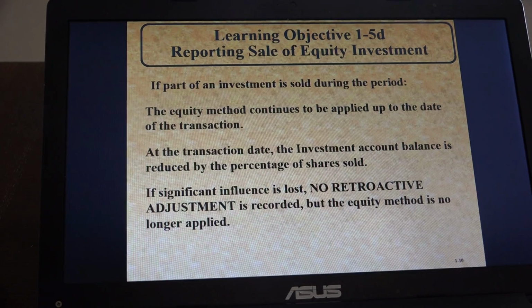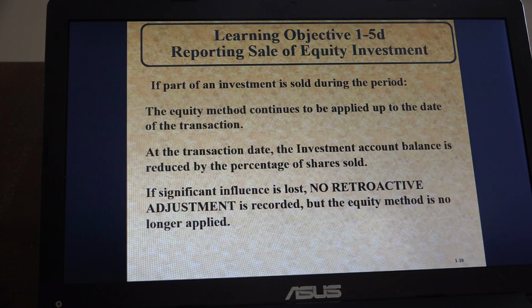And so if you look at the bottom of page 17 and top of page 18, they have an example here. What they have to do is deal with any adjustments made up to the date of the sale.